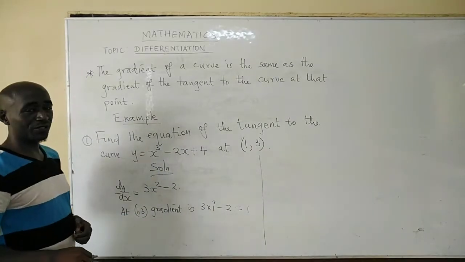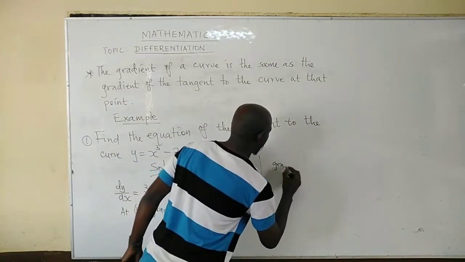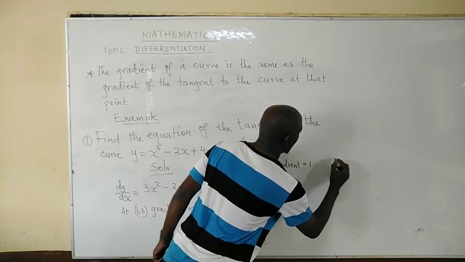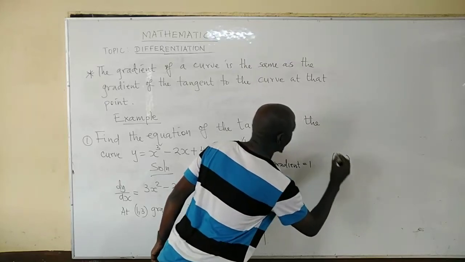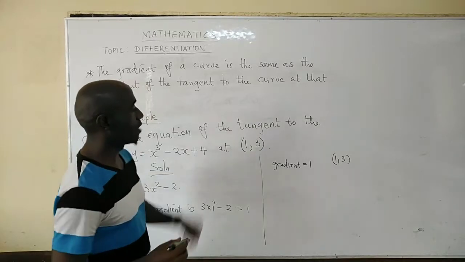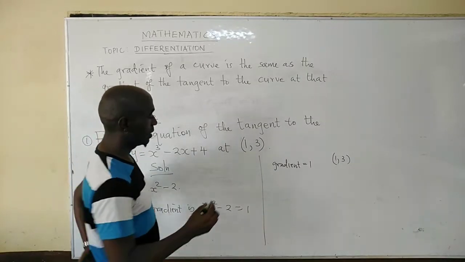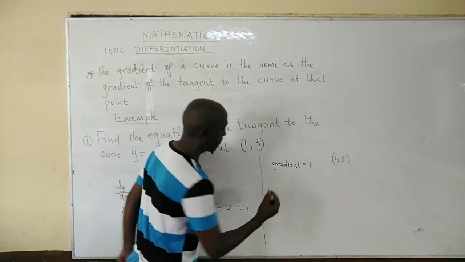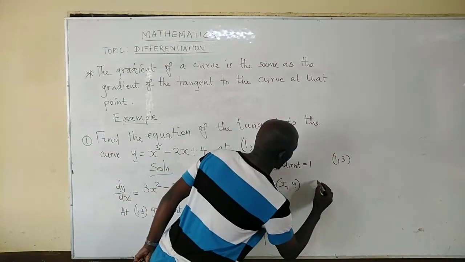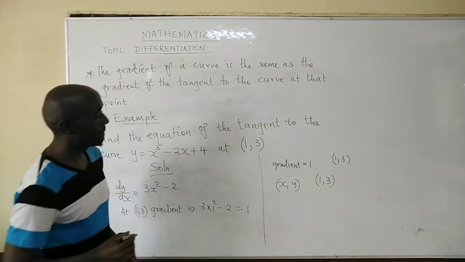We have gradient 1, and it is passing through (1, 3). I know you know how to find the equation. I will remind you: take a general point (x, y), and the point (1, 3).